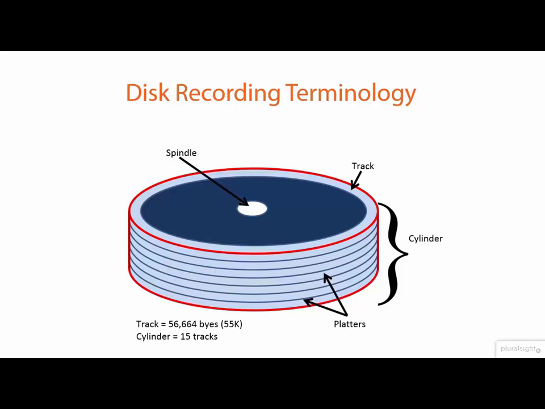A cylinder was the collection of tracks that were positioned directly above and below each other so that the read-write head mechanism would not have to be moved. Each track could hold 56,664 bytes of data, while 15 tracks made up a cylinder. There were various models introduced with differing capacities ranging from 1 gigabyte to 27 gigabytes of storage capacity.